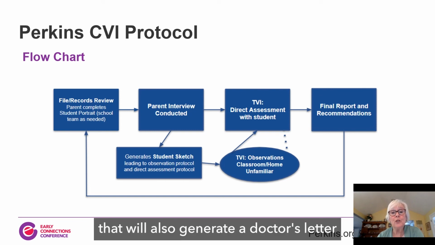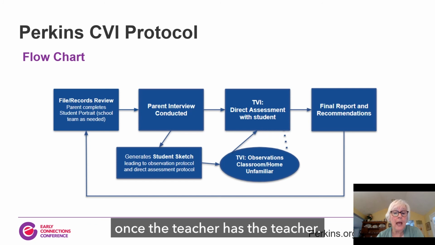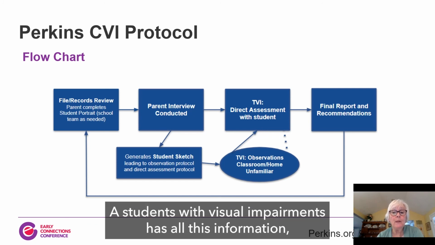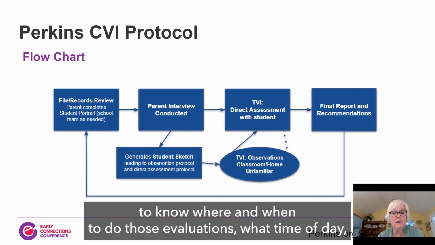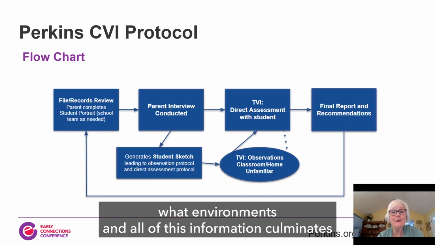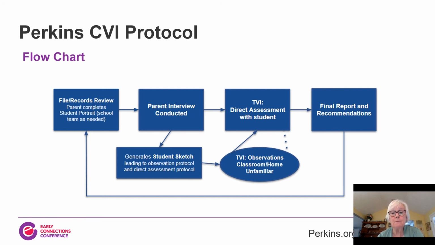That will also generate a doctor's letter. Once the teacher of students with visual impairments has all this information, they'll get the observation protocols and the direct assessment protocols to know where and when to do those evaluations, what time of day, what environments. And all of this information culminates in the final report with recommendations.